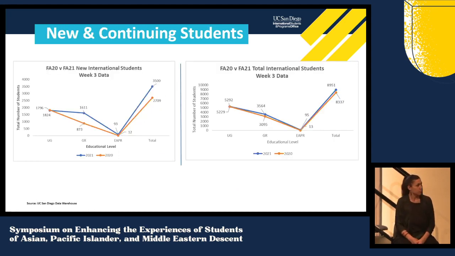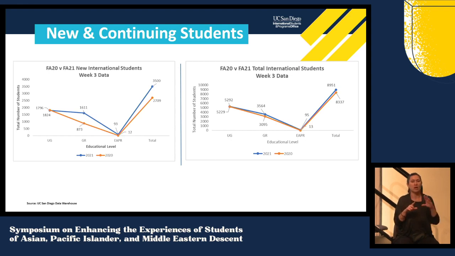What this shows you is a comparison of fall 2020 to fall 2021 of our new international students. In the graph on your left, the blue line represents fall 2021 and the orange line represents fall 2020.